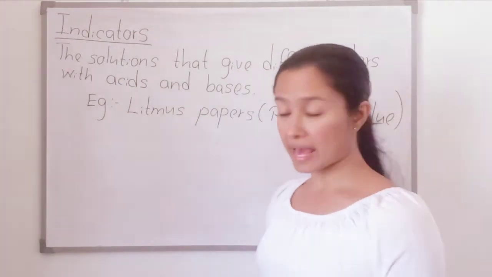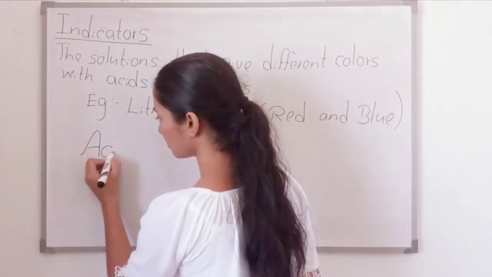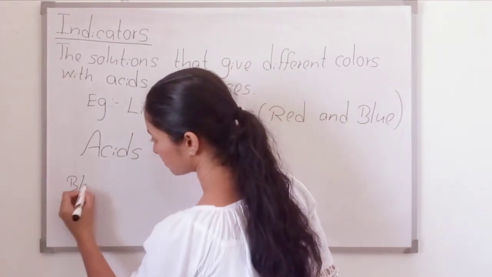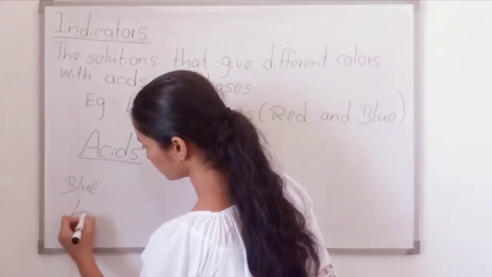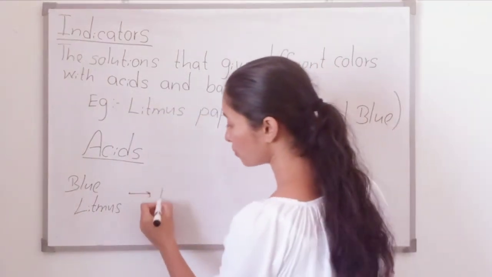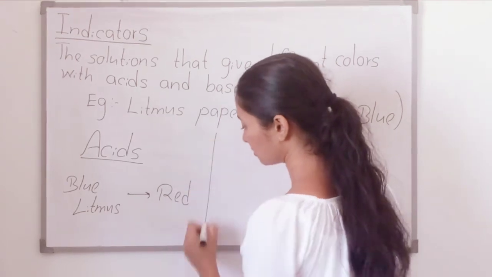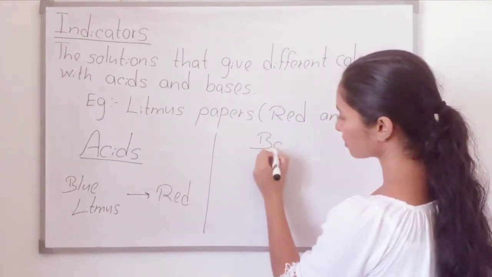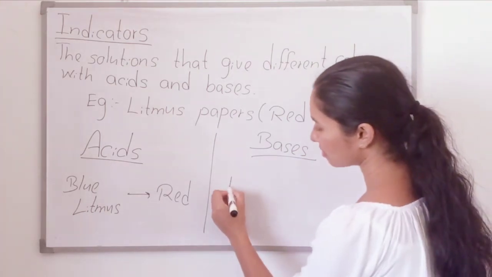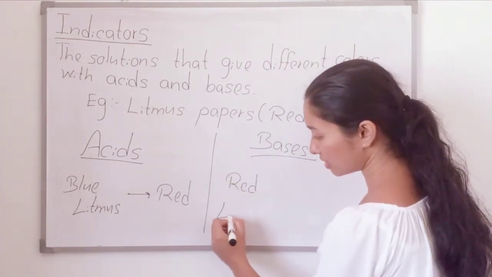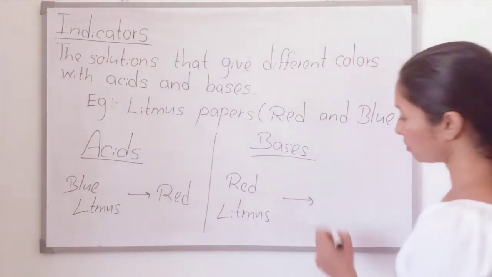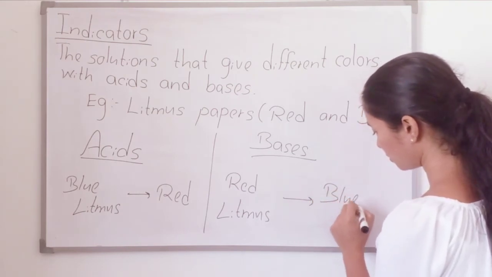In the presence of acids, blue litmus turns red. In the presence of bases, red litmus turns blue.